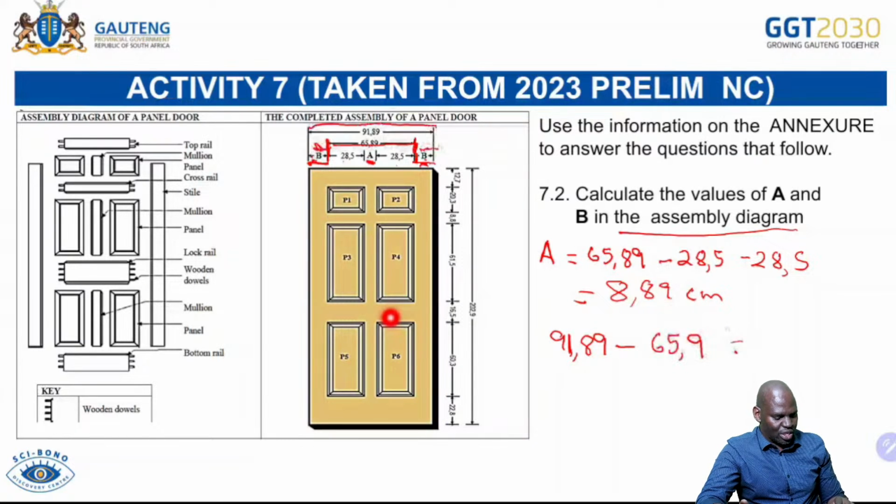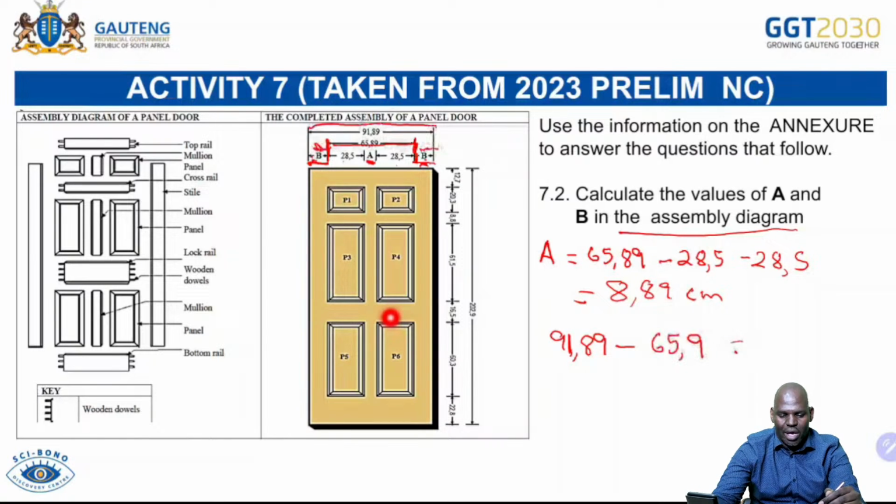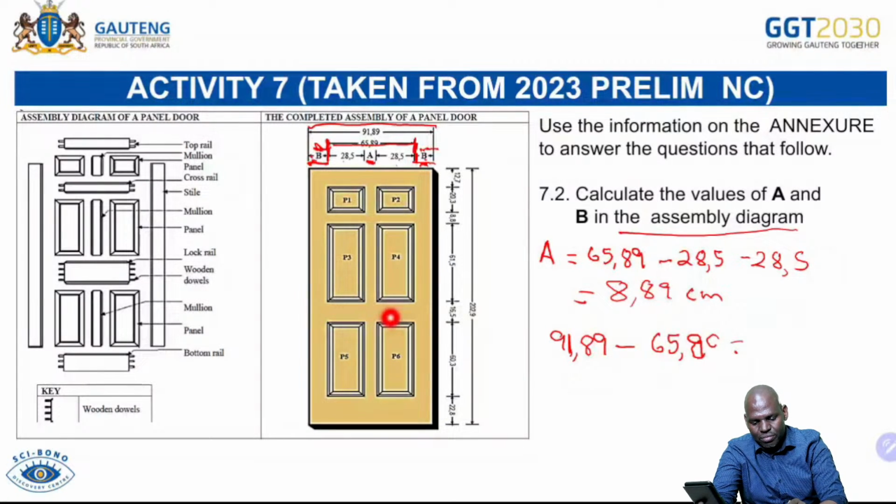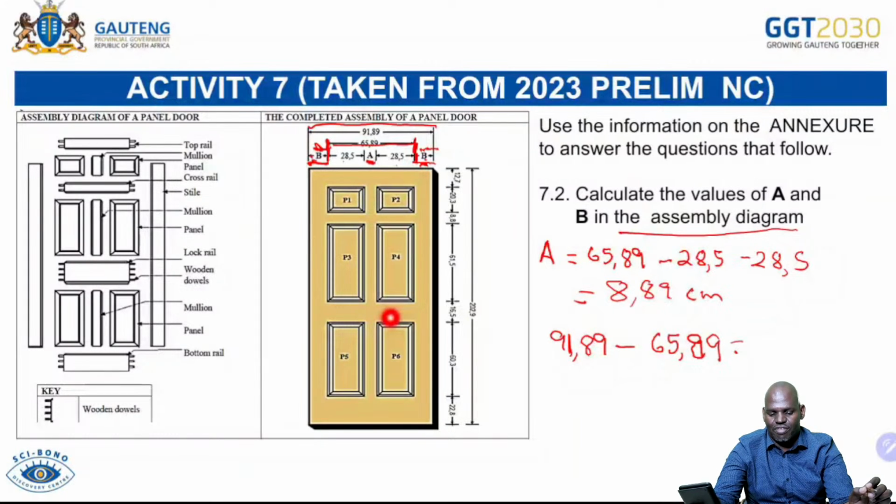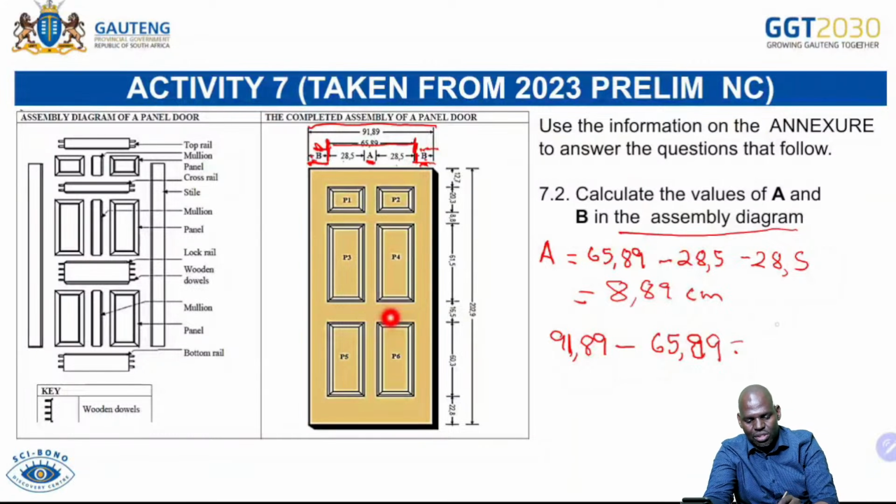So I say 91.89 minus 65.89, let me see if I did it correctly. Both of them have 0.89, then I get 26.